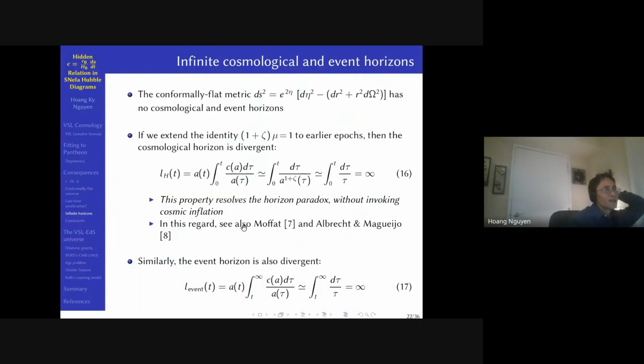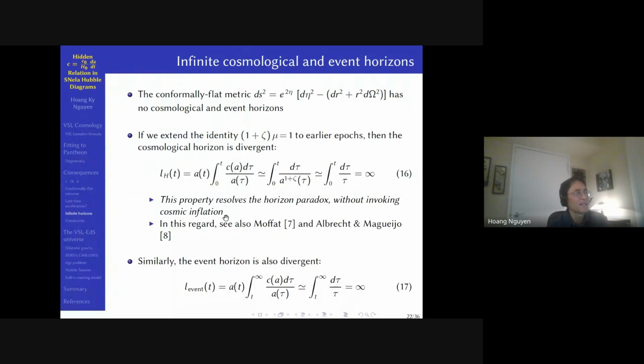Okay. Now, let's move on to another consequence. As discussed, the conformally flat metric is due to the proper path in Minkowski, big Minkowski, so it has no horizon. We can confirm that if we compute directly the cosmological horizon. We look from today back to the Big Bang, and in that case we integrate and you have this infinity.